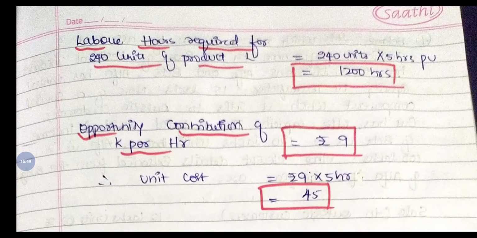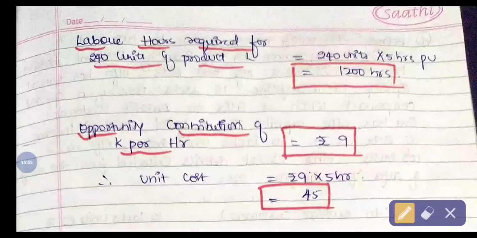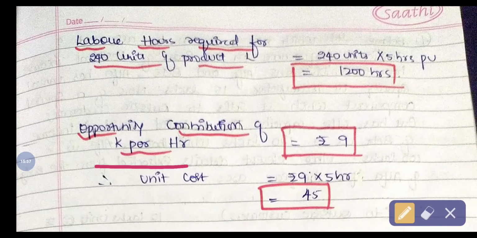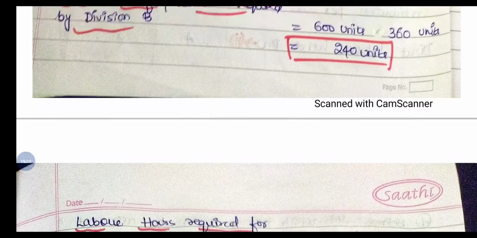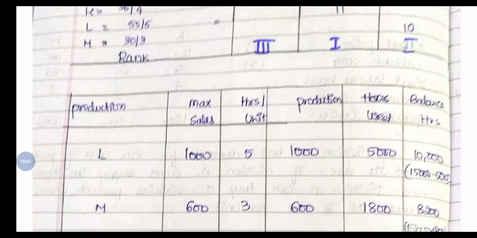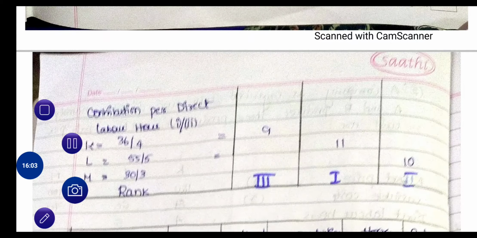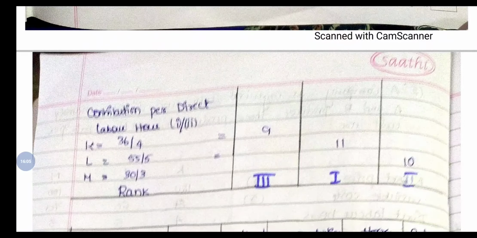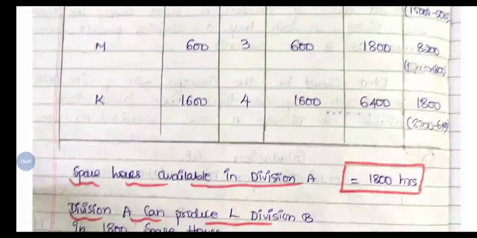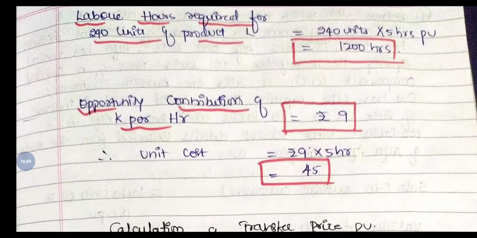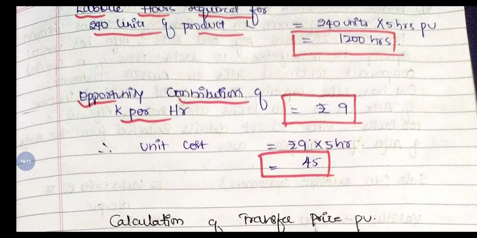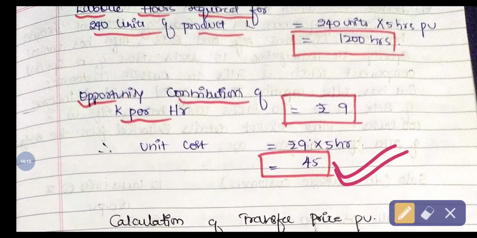Whatever contribution they are foregoing is the opportunity contribution foregone for production of L by ignoring K. The contribution per direct labor hour for K is ₹9. So ₹9 per hour, and for 5 hours per unit, that is 9 into 5, 45 per unit.